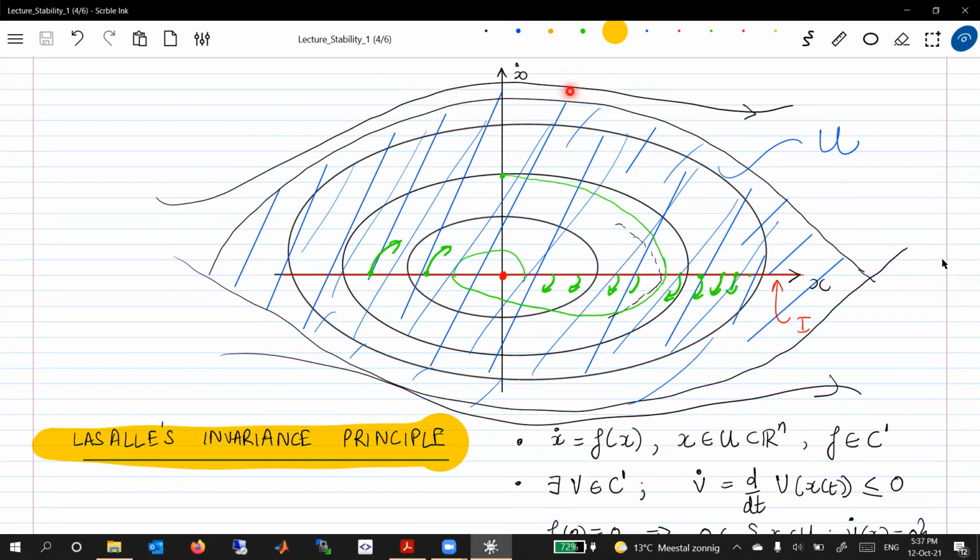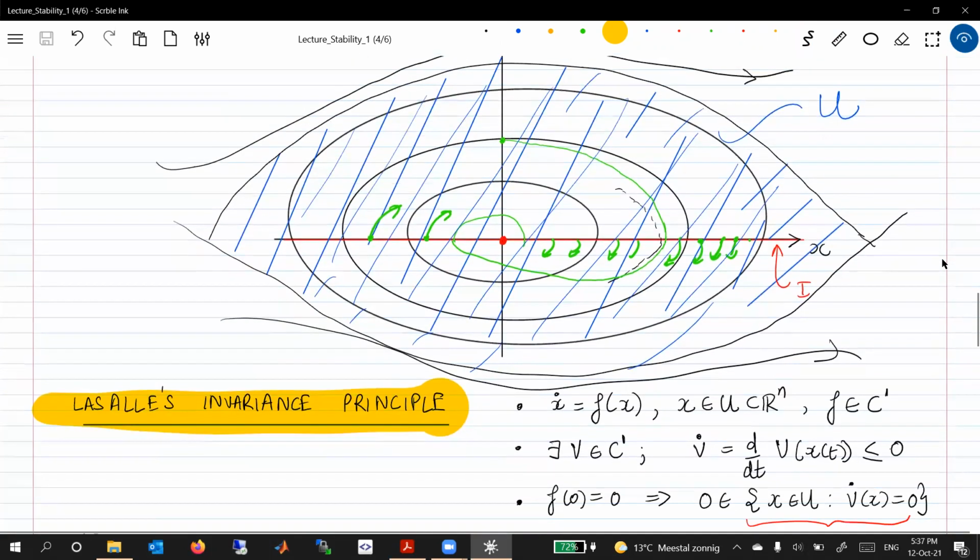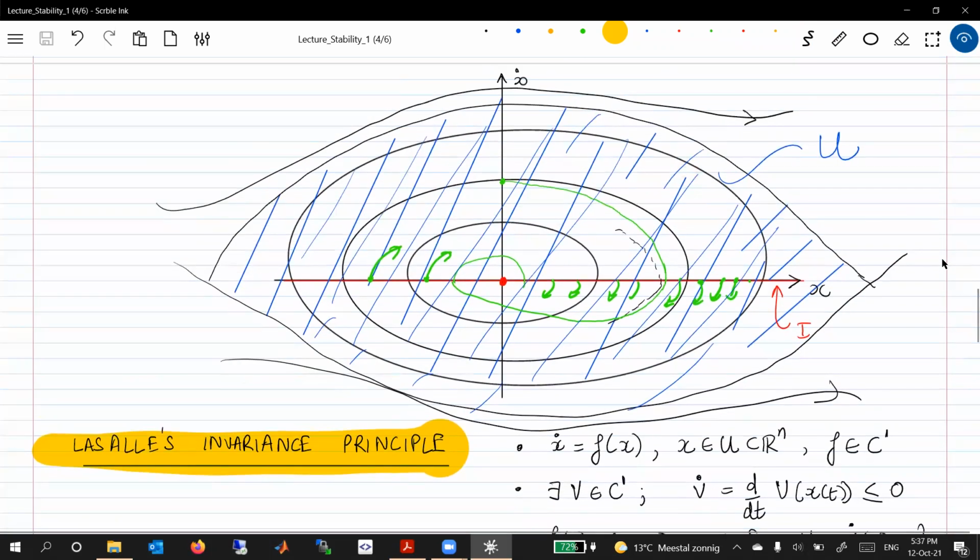They do get affected, but the discussion that we are having is based on this scalar function V, which is based on energy, and we know that this energy consideration holds in this set. So any trajectories which come inside this set would be affected, and that's where this result would be applicable.